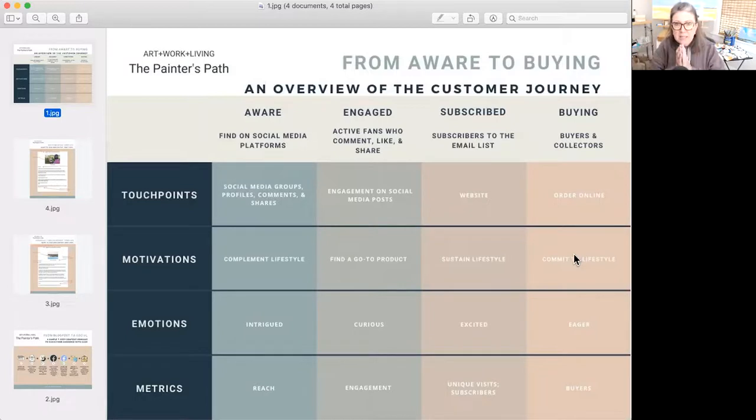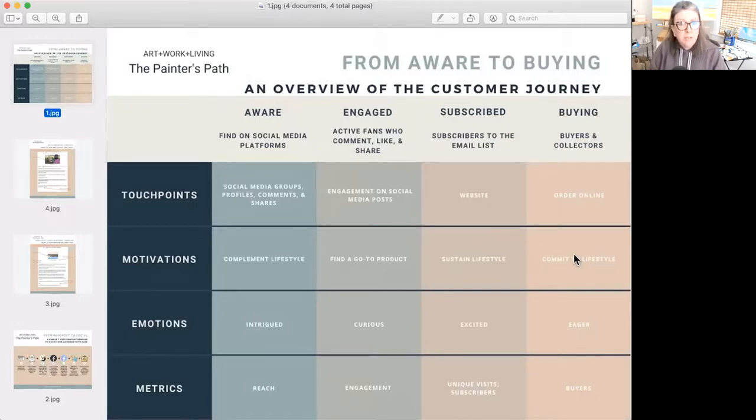So let's look back at this again and just reiterate what that path is. And then in the following lessons, we're going to talk about how to lead people along that path. But the path is going from being totally unaware to becoming aware of who you are and what you do. Then becoming engaged on your social media platforms, your hub.